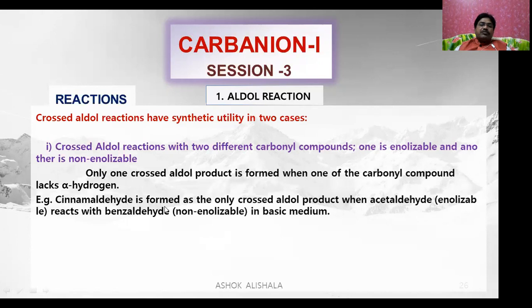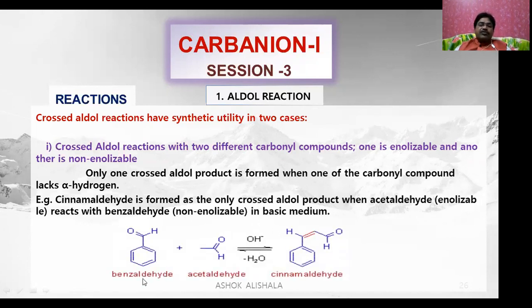For example, cinnamaldehyde is formed as the only crossed aldol product when acetaldehyde, which is enolizable, reacts with benzaldehyde, which is non-enolizable because it does not have any alpha hydrogen, in basic medium. See, this is the case. What happens? This is benzaldehyde having no alpha hydrogen, whereas acetaldehyde has alpha hydrogen, and you will get cinnamaldehyde as the compound.